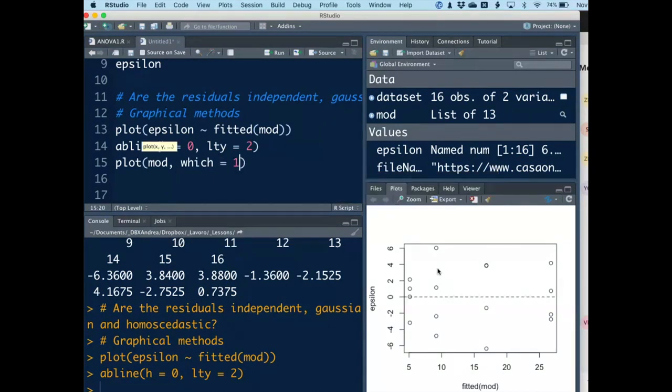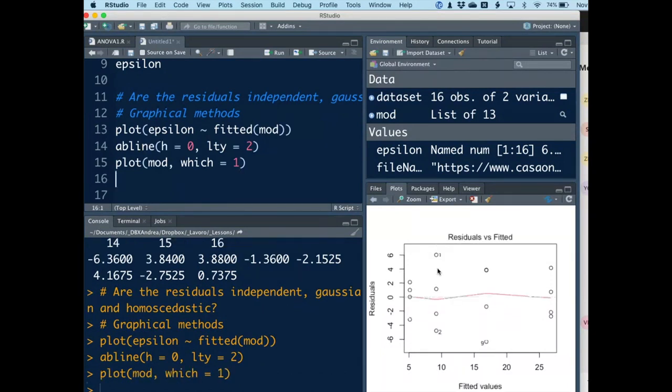If I do so, I get exactly the same graph I was talking about before. And you see, that's it. It's the same one. And it's more informative. You see, residuals against fitted. Here I have the fitted values, and here I have the residuals.